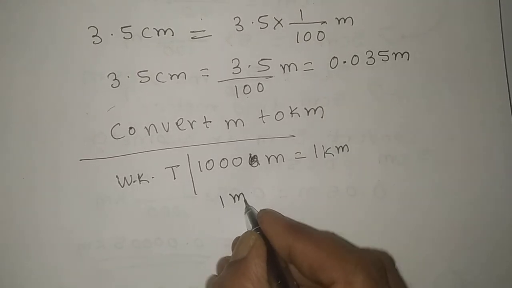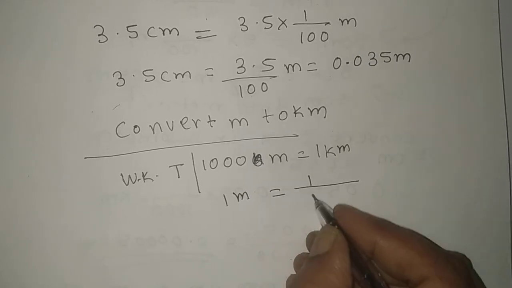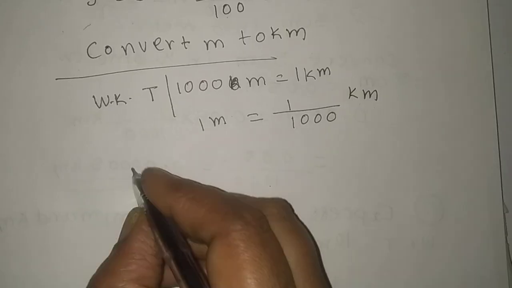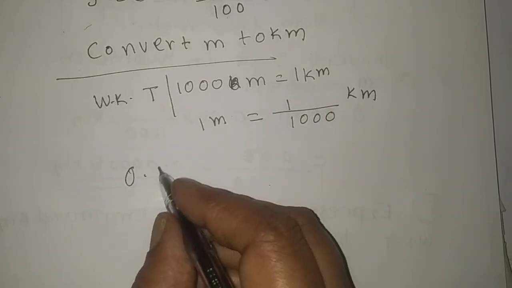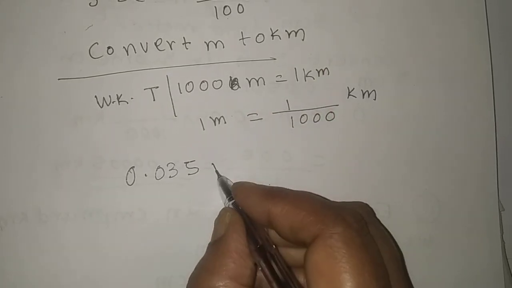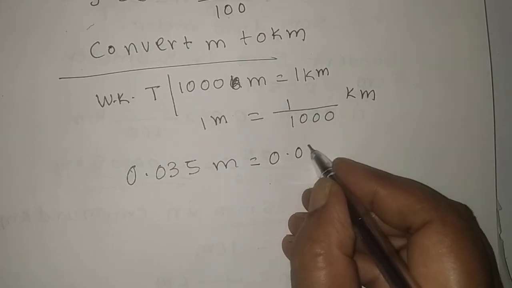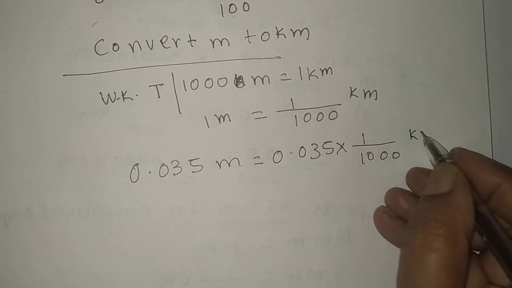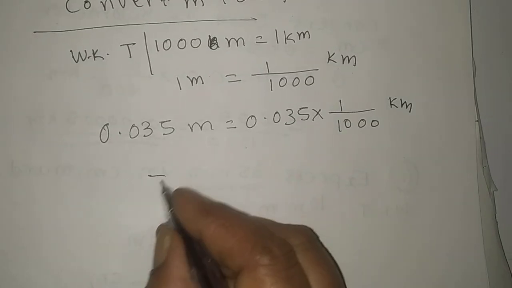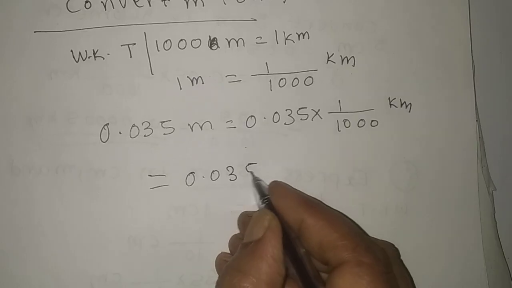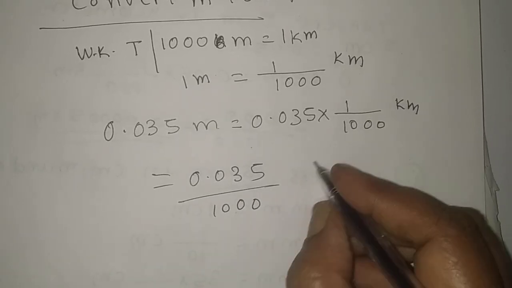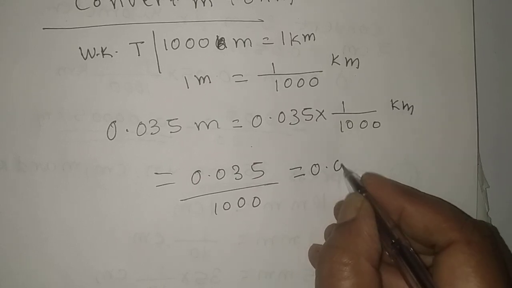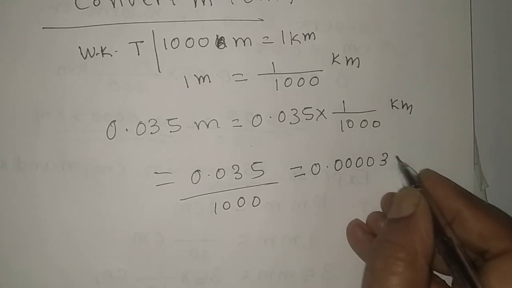So 1 meter is equal to 1 by 1000 kilometer. Therefore, take this 0.035 meter, which is equal to 0.035 into 1 by 1000. Therefore, this will become 0.035 by 1000, which is equal to 0.000035 kilometers.